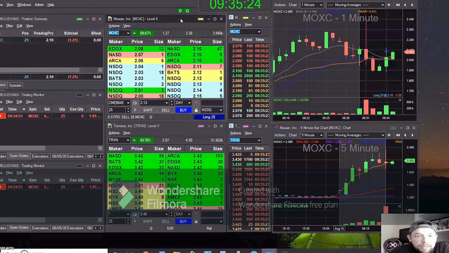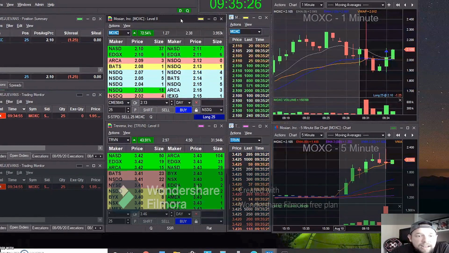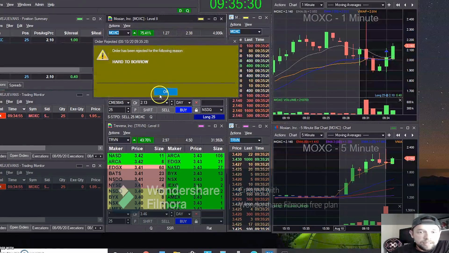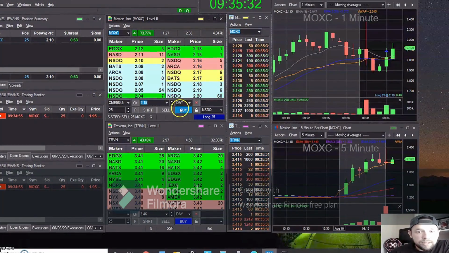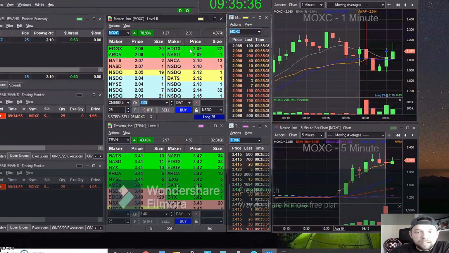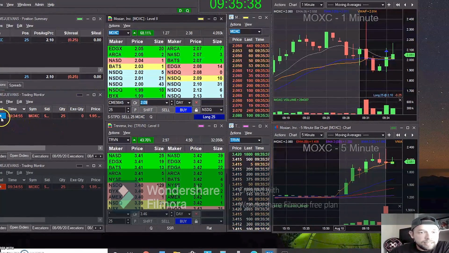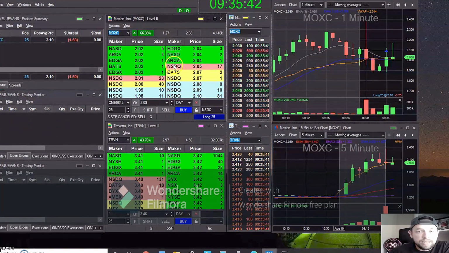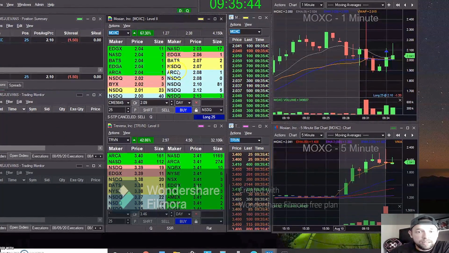Let's see, so 210, I'm down $1.25, and I have a stop loss already set. And it looks like I clicked the wrong button or screwed something up, and now I'm freaking out because I can't sell. So it looks like I'm going to cancel my previous stop loss and just do a sell.